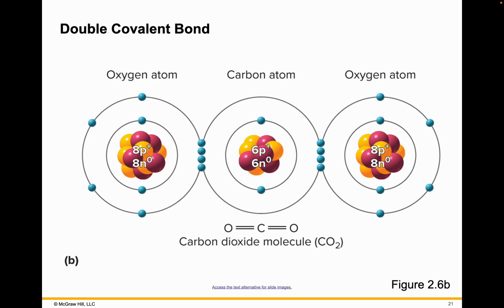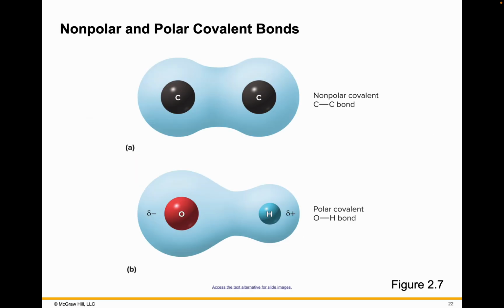So we would have the carbon dioxide molecule. Non-polar would be carbon-carbon bond. Polar would be the oxygen-hydrogen bond because we have a plus side and a minus side. And here we get equal sharing on both sides.